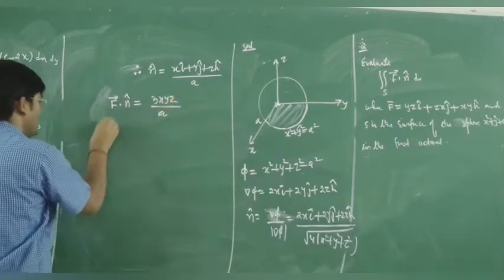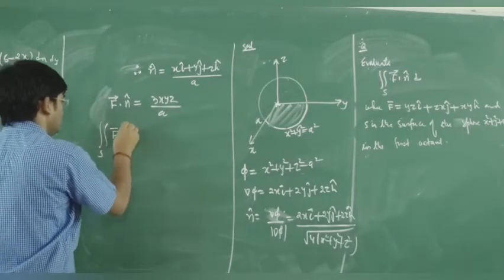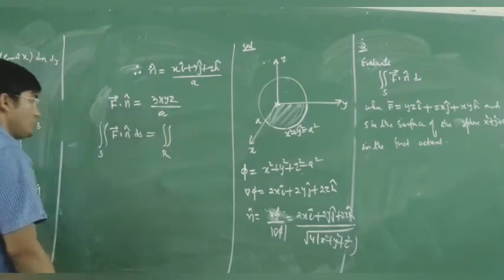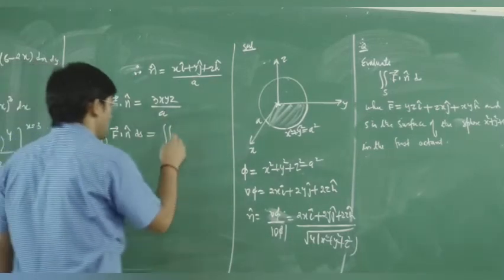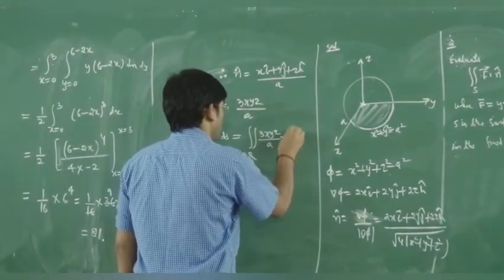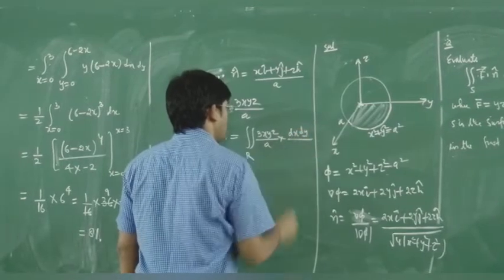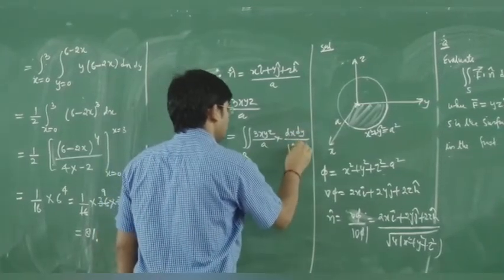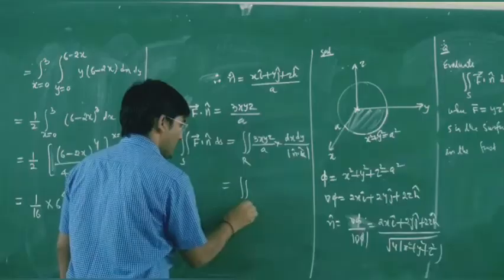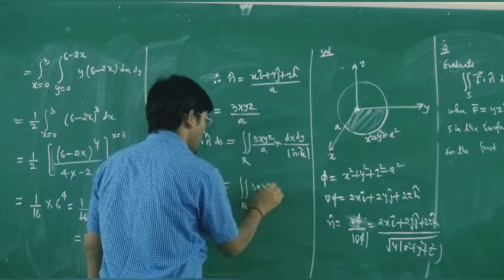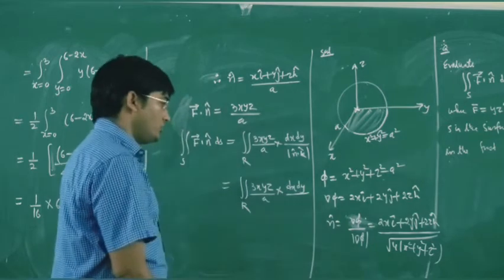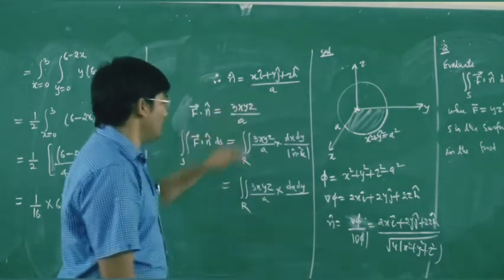So the value of this double integral is equal to, just take the projection of this surface on the xy plane. So we have 3xyz upon a into dx dy upon n dot k, and your n dot k will be z upon a.